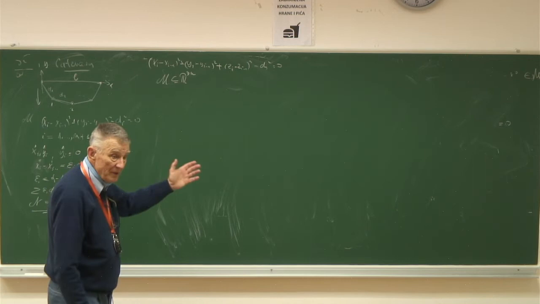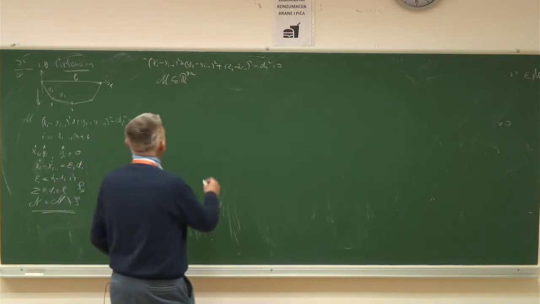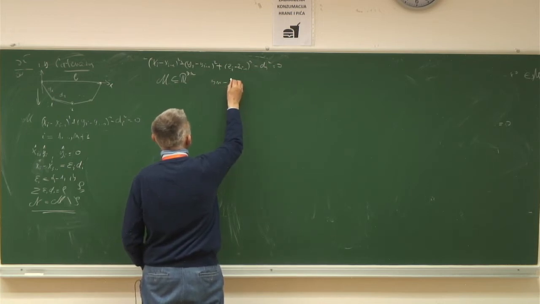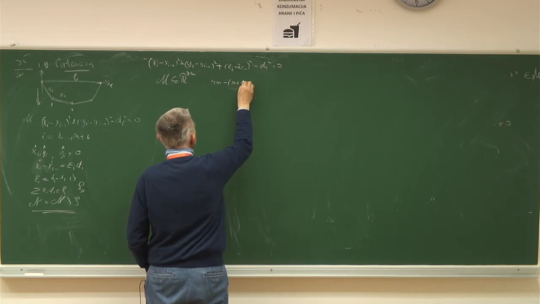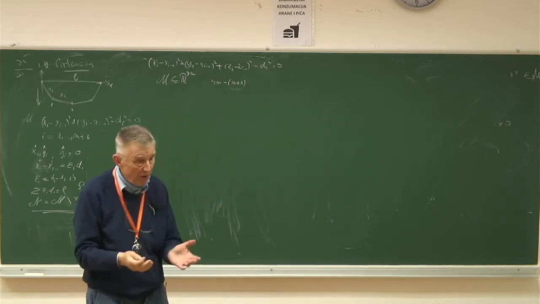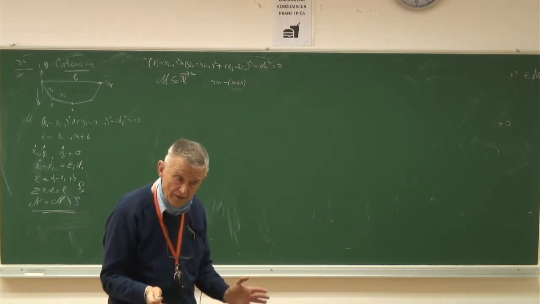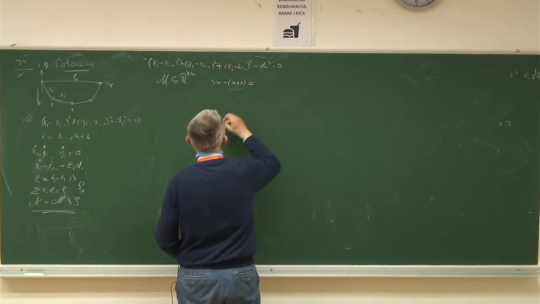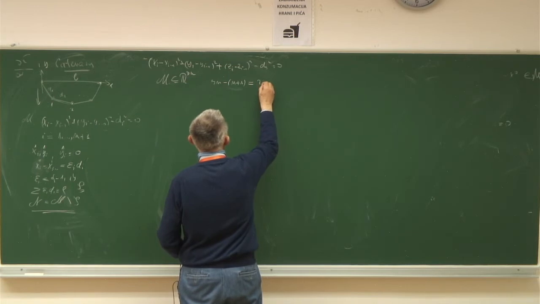And you have the same number of conditions. So the degrees of freedom, as we say, will be 3n minus (n plus 1). The number of constraints remains the same, and we get 2n minus 1.